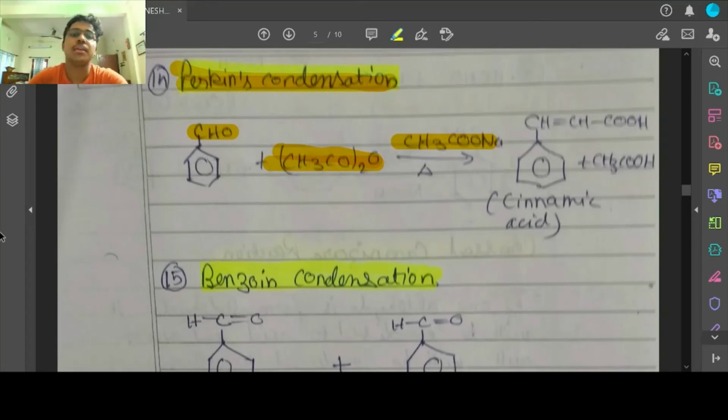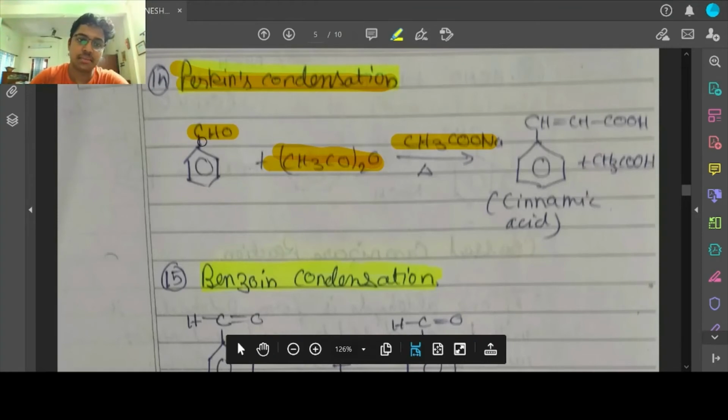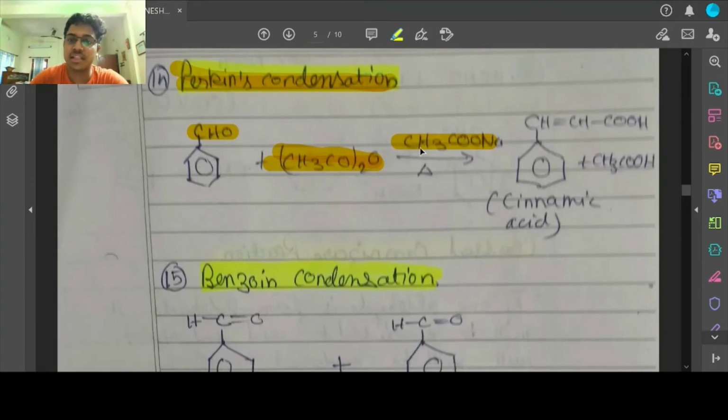The acid anhydride is obtained from acetic acid, so the sodium salt of acetic acid, CH3COONa, is used. Benzaldehyde on reaction with acetic anhydride and the sodium salt of acetic acid on heating forms cinnamic acid.